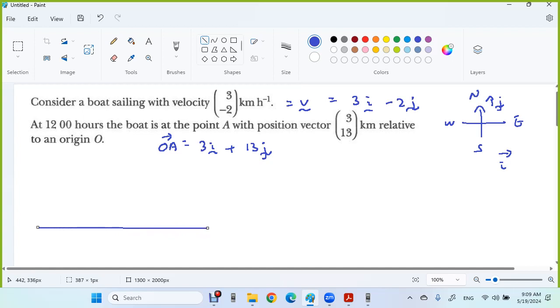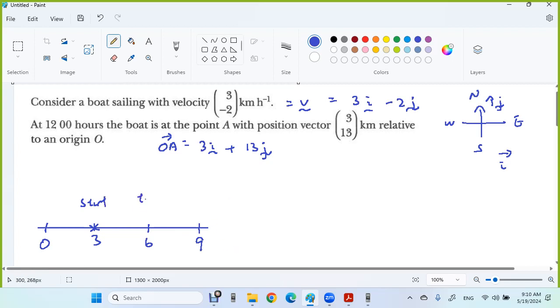For the i part, they start at 3, and then they go 3 units to the right every 1 hour. So then we have 6, then 3, 6, 9, 12, and so on.